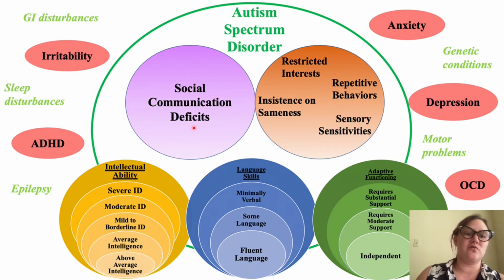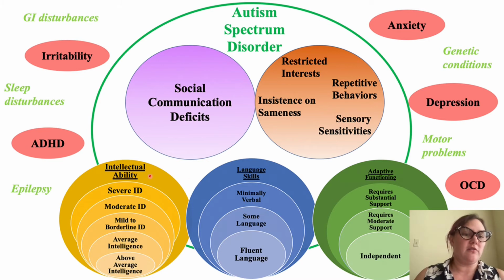There are social communication deficits, and then in the second circle, there are restricted interests, repetitive behavior, sensory sensitivities, insistence on sameness. You'll also find here at the bottom that, not all the way inside autism spectrum disorders, but kind of on the outside, this is where we have related modifiers.